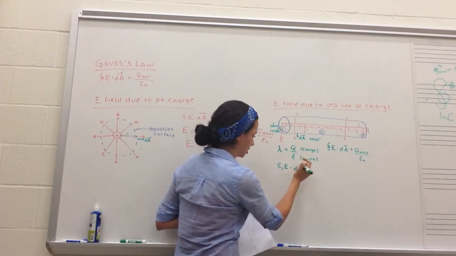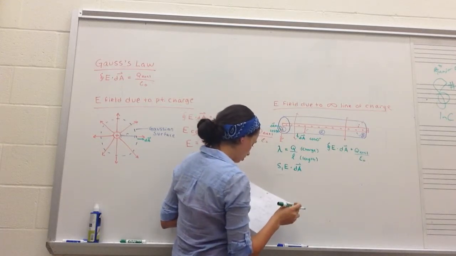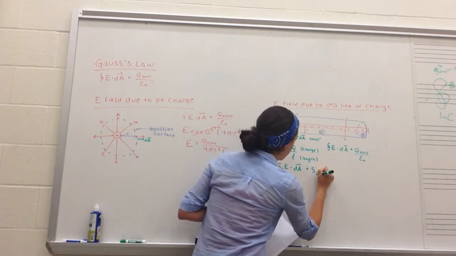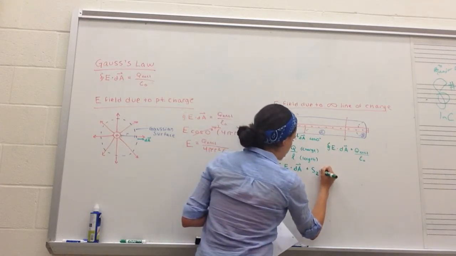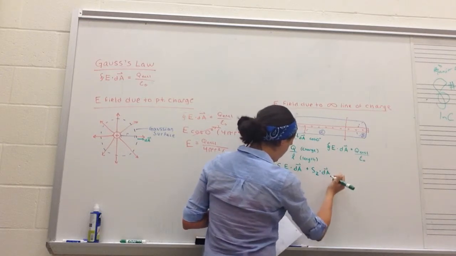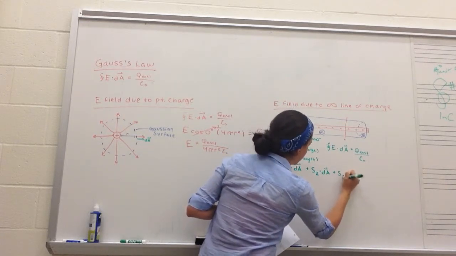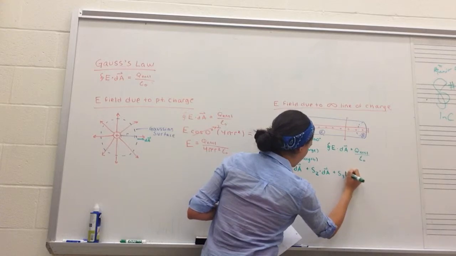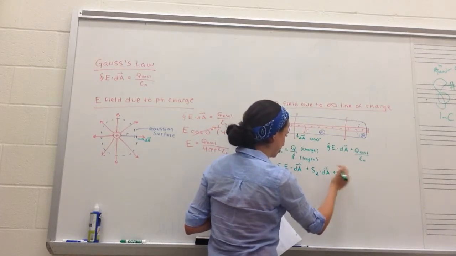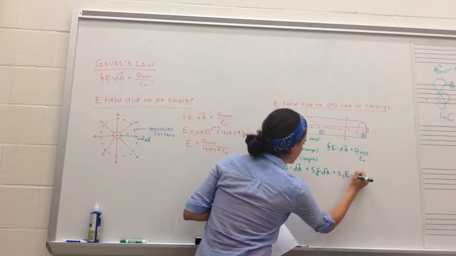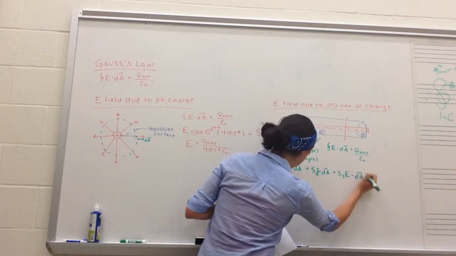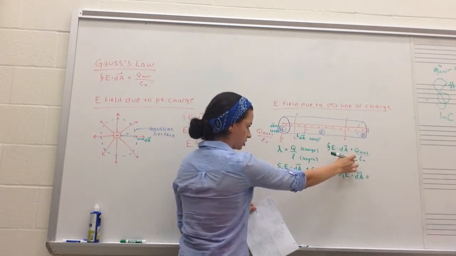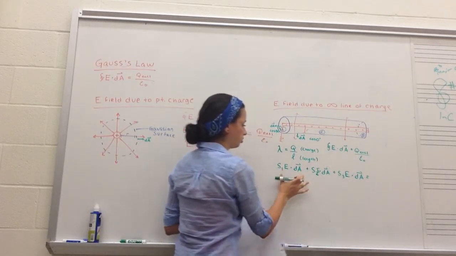That implies that you need the cosine there. And then plus surface 2 dot dA, plus surface 3 times that electric field, I'm sorry, I forgot to include that here, dot dA. And that's going to equal the total enclosed charge over epsilon naught. We just took this and split it into three different parts.